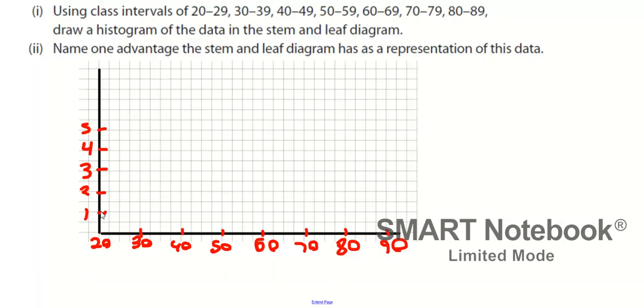How high is the first one? 1. 30 to 40? 30 to 40, anybody? 2. 40 to 50? 3. 50 to 60? 5. Wait, sorry, that last one, I didn't quite have it where I wanted it. 5, is it?